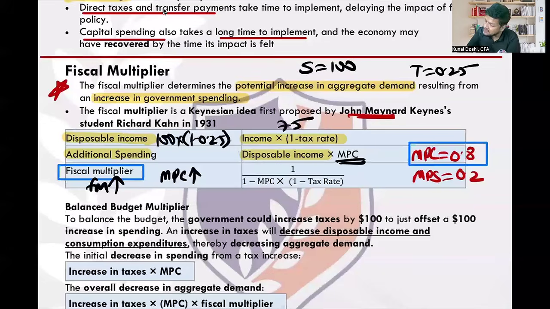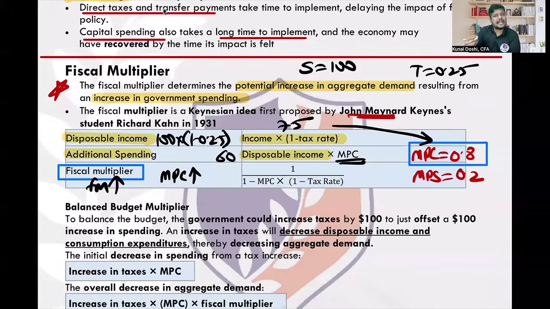Out of that 75, if my marginal propensity to consume is 80%, 75 times 0.8, $60 is what I will spend. The more the propensity to consume, the more I will spend, isn't it?